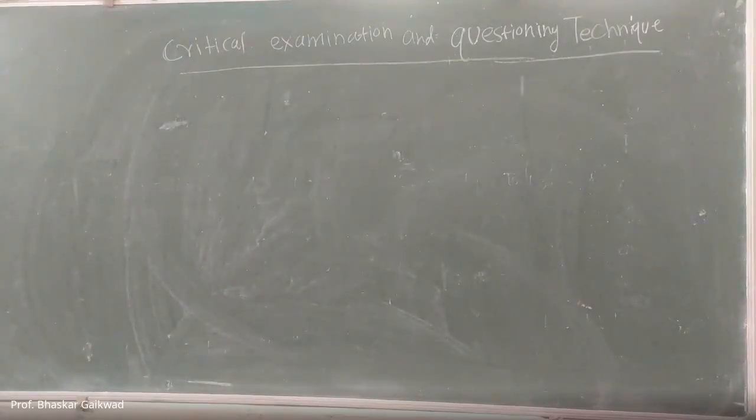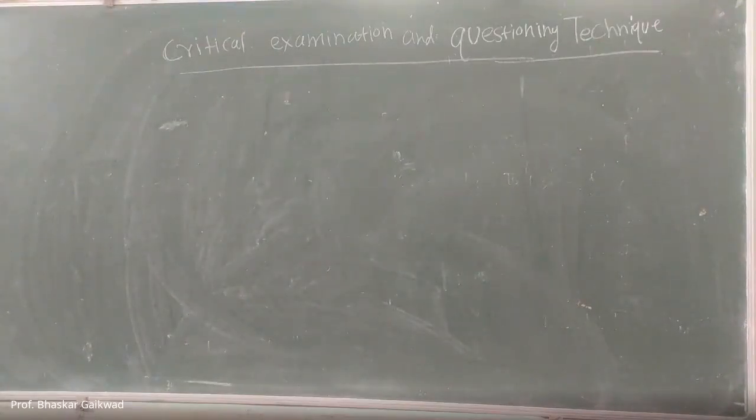The aim of critical examination is to analyze the facts. Whatever existing things there are in industry, you have to analyze, separate the facts and information critically to provide alternatives. First of all, what is the present thing going on in that industry?